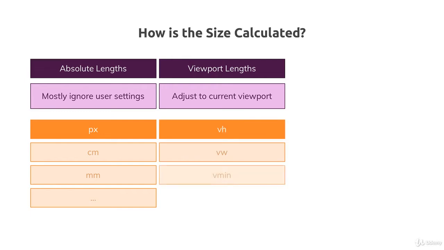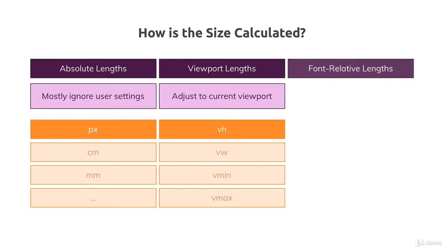And we have more, we have Vmin and Vmax. We'll have a look at that once we understood VH and VW. But generally, these lengths allow us to adjust our size more dynamically to the viewport. You learned what the viewport is, basically the visible part of our website in the browser. So that's the second category, viewport lengths.